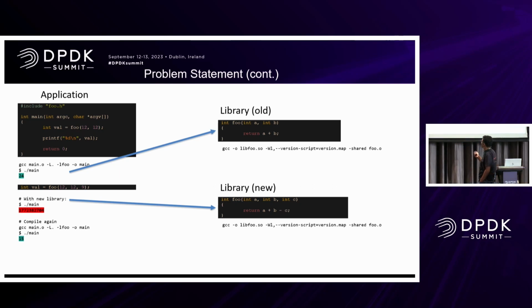The binary can find the new library, but the result is unexpected. That's the problem. Because of the ABI change, the contract is broken now, so it will give a wrong result. If I compile my application again, fixing the call for the new library, that will work fine. But my point is, it may run but give wrong results if the ABI changes.